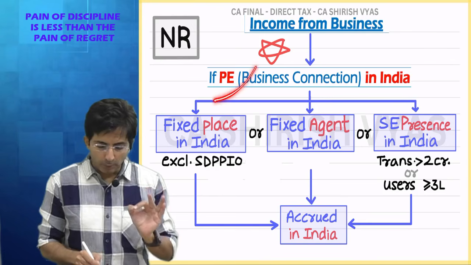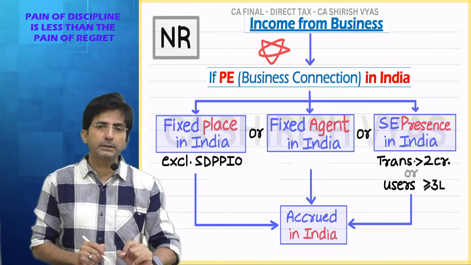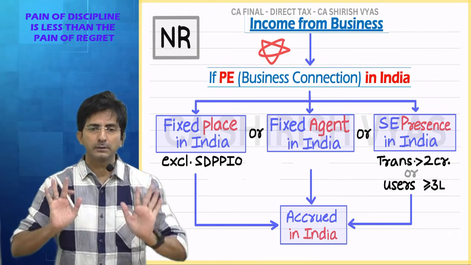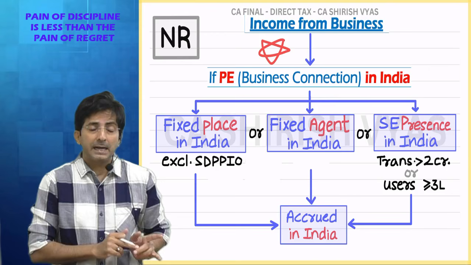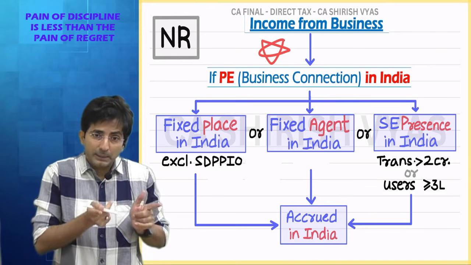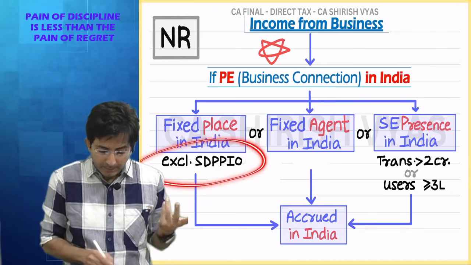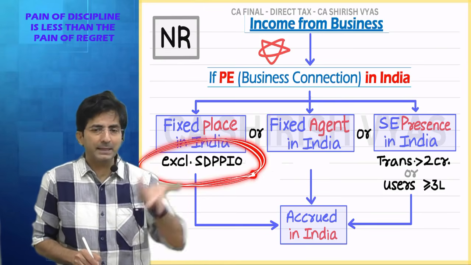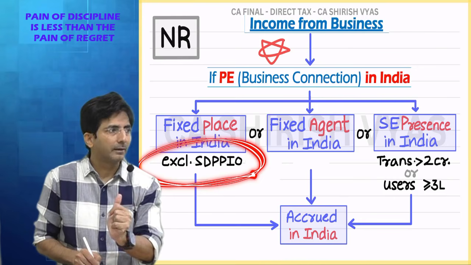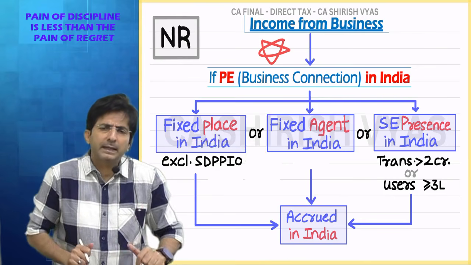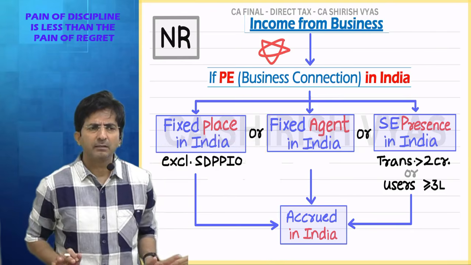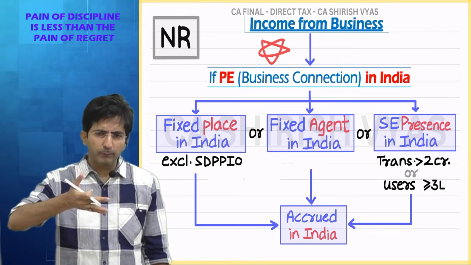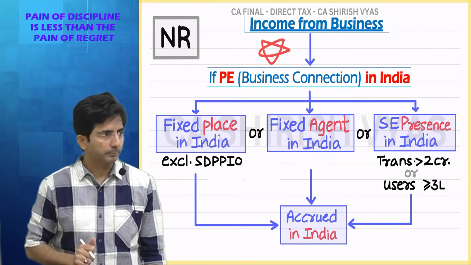Like in the matter of permanent establishment, our Section 9 has a different provision, but DTAA has a different provision. And DTAA is better because it exempts SHIRISH places in India. If the NR is exempt in India, it is good for him, so he can be governed by DTAA. He can say to hell with your Section 9, we love DTAA. And we have given them the option of preferring whichever is beneficial.